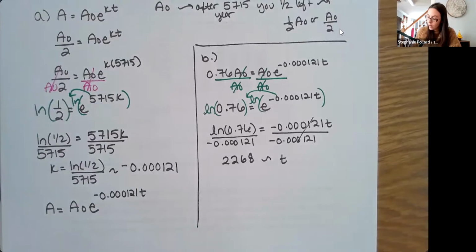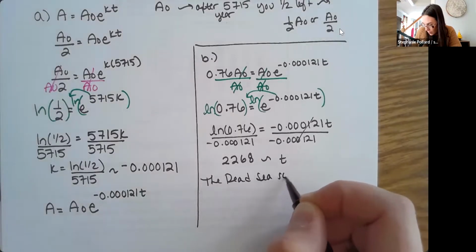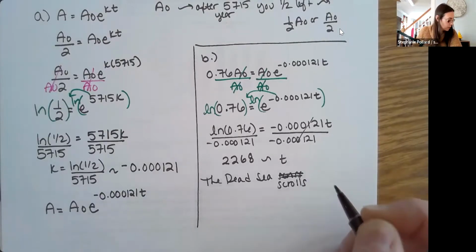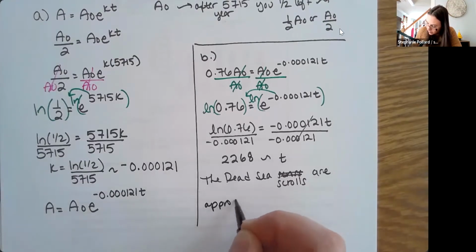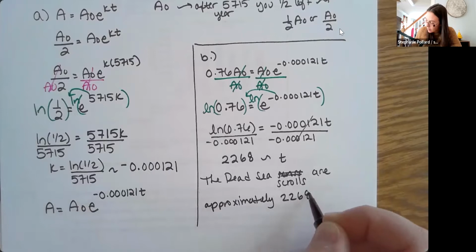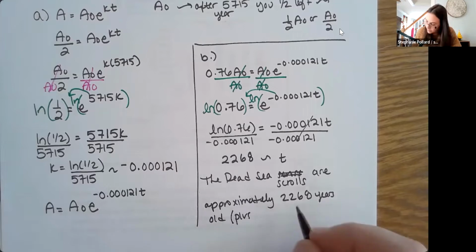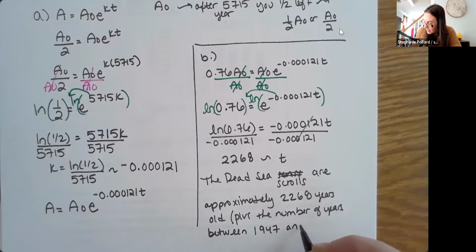So think about this. Today, the Dead Sea Scrolls are approximately 2,268 years old, plus the number of years between 1947 and now.